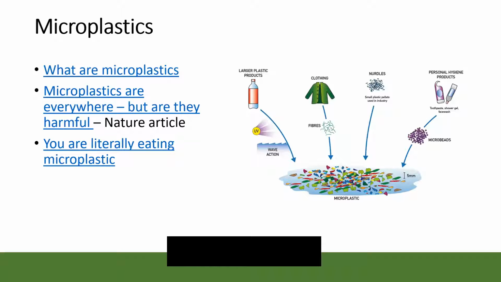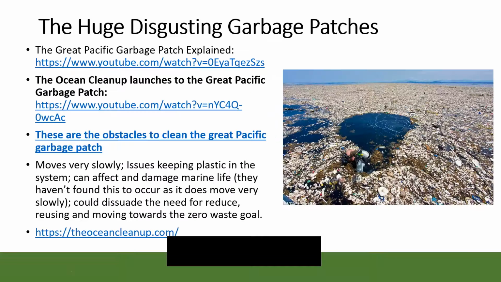I don't even know how you would do that. And all of these plastics will eventually degrade into microplastics if they're not removed from the ecosystem. They just break into smaller pieces of plastic.